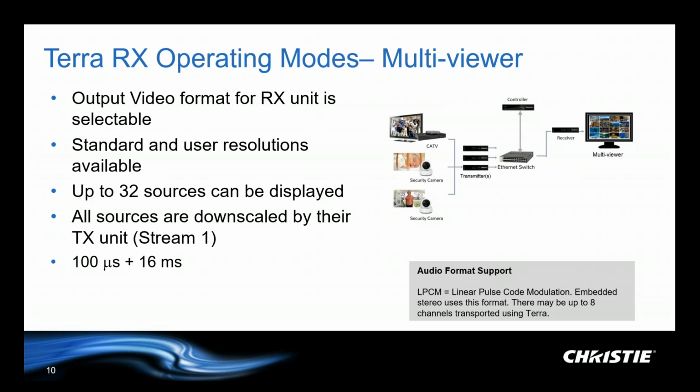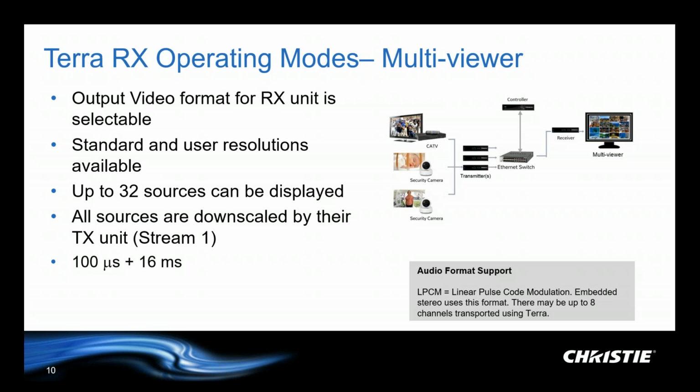So you're going to have 32 thumbnails, as it were, displayed by the receiver. It still does add a little bit of delay, 16 milliseconds, as it buffers all these different sources to be able to display them on the screen or on the display.